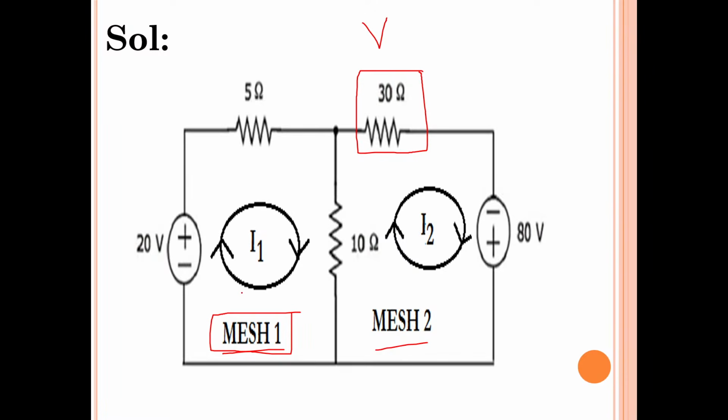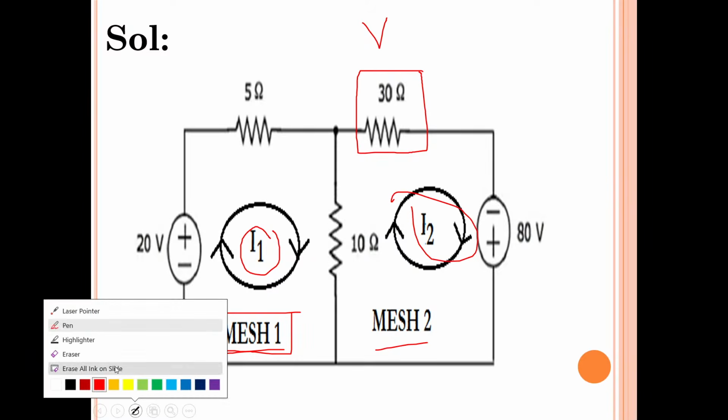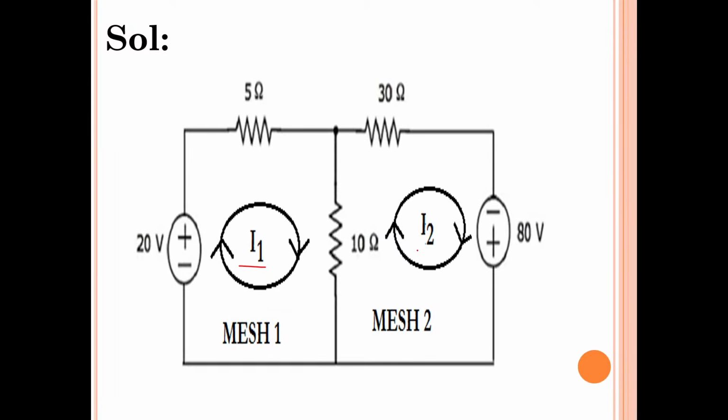But first of all, let us determine the mesh currents, that is the I1 value and I2 value. Let us consider mesh 1 first and implement Kirchhoff's voltage law to determine the I1 value. Later we will apply Kirchhoff's voltage law in mesh 2 and determine the I2 value.